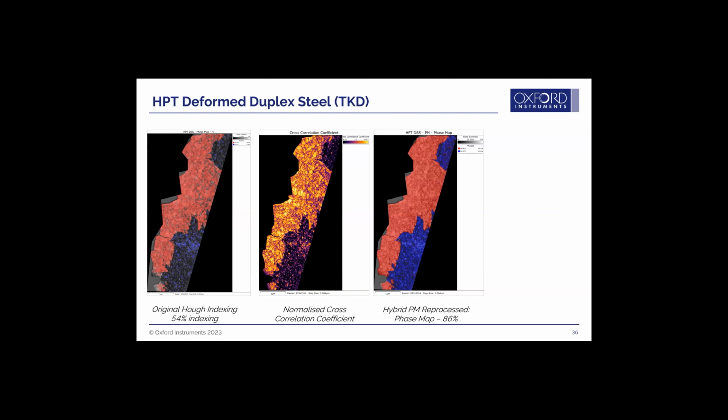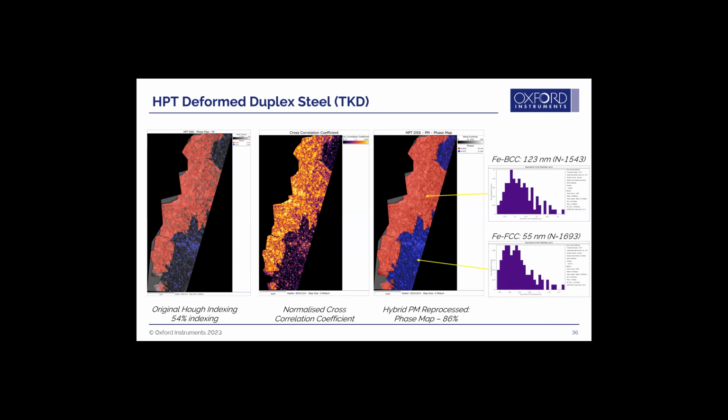What was done, if I'm not mistaken, is DTM on the FCC grains, or the zero solutions plus the FCC grains, and then just a refinement on the actual BCC solved grains. On the right, you can see a grain structure that's well resolved. We can characterize the FCC grains and say there's an average of roughly 55 nanometer grain size, and you're building an actual grain list of about 1,600 grains to do the analysis.